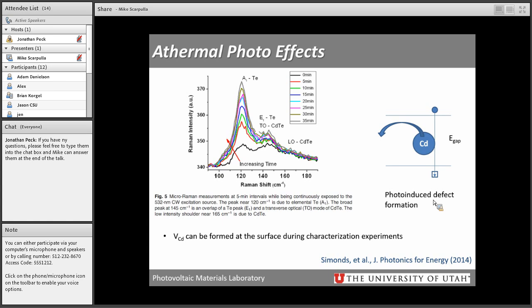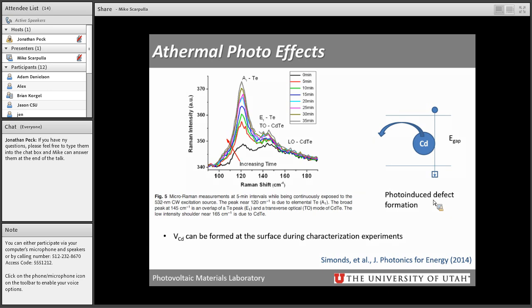Imagine a cadmium atom sitting on its own site in the lattice, but it only takes a small amount of energy to displace that atom into an interstitial site, leaving behind a vacancy, a cadmium vacancy, and a cadmium interstitial.